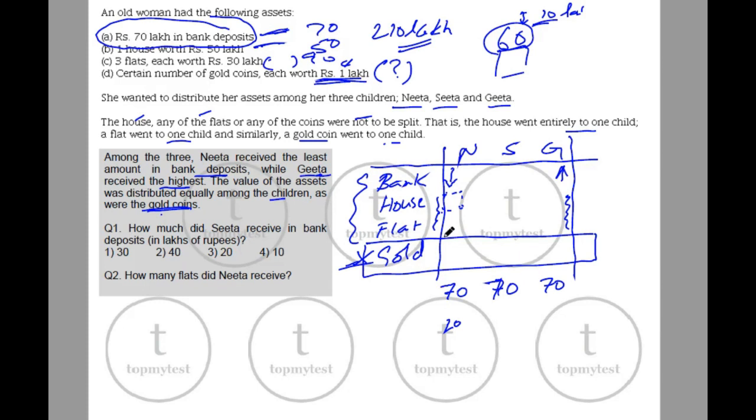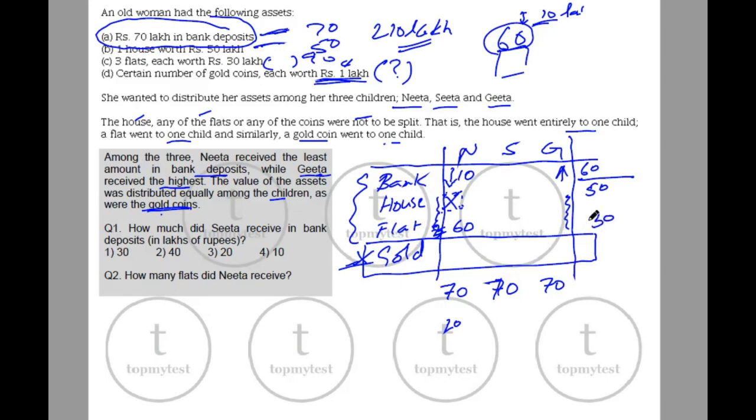So Nita receives 2 flats, which will be worth 60 lakhs. She will not receive the house. She will get bank deposits of 10 lakhs. Now what is left? Leftover are bank deposits of 60 lakhs, a house worth 50 lakhs, and one flat worth 30 lakhs.